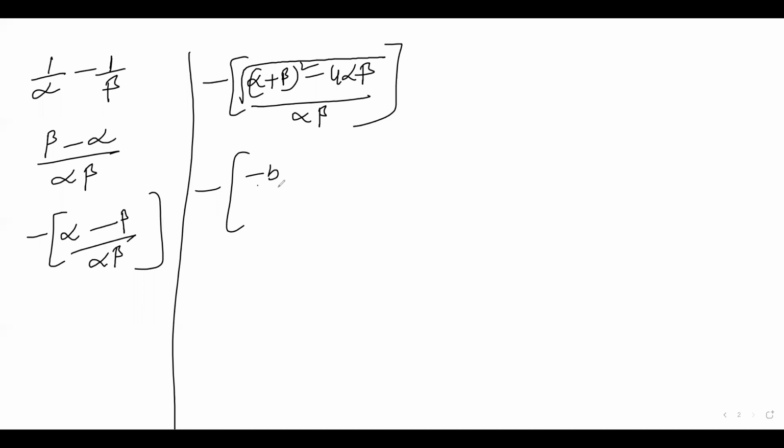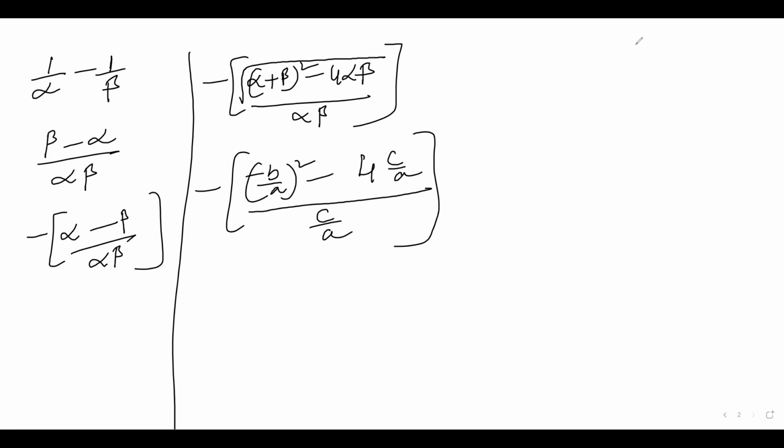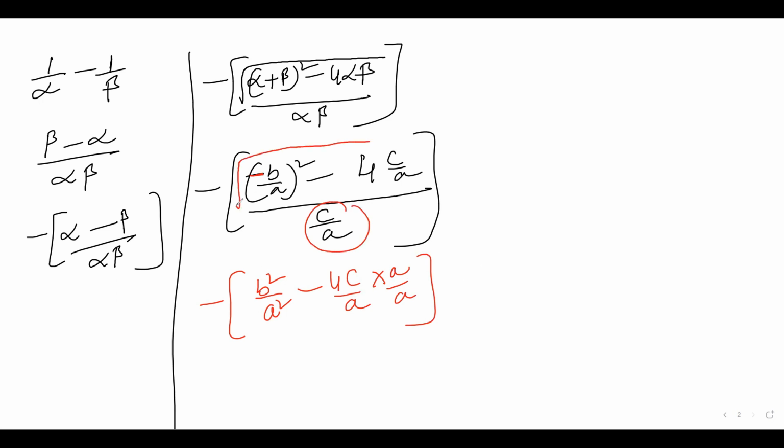Sum is minus b by a. Product is c by a, by product c by a. When you square, this minus will disappear. Minus is outside. We will get b square by a square, minus 4c by a, multiplying with a and dividing with a, and this part will become reciprocal. Root is already there. Don't forget about the root. And this part is reciprocal, that means a by c. C by a will become a by c.